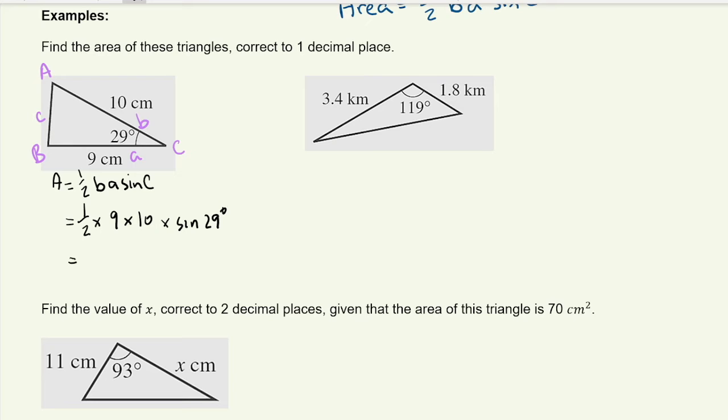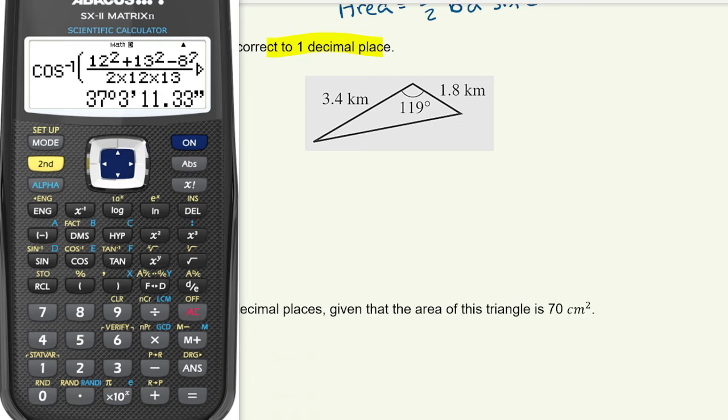We type that straight into a calculator. Type this into the calculator, and you should get 21.8 centimeters squared, because remember it is area, and that's the one decimal place. Let's see how it actually works.